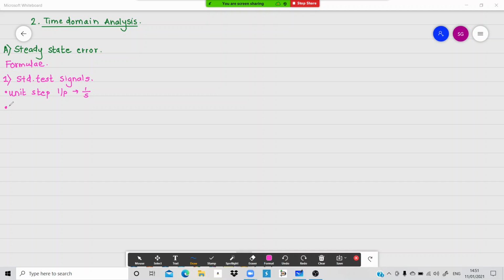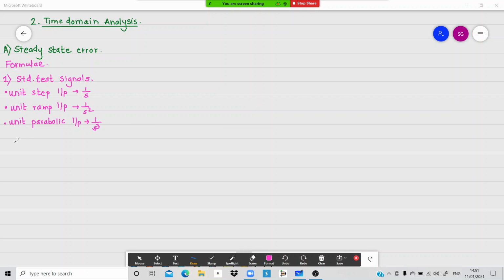Alright, second one is your unit ramp, 1 by s square. Unit parabolic, 1 by s cube.